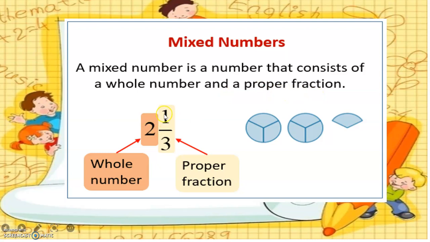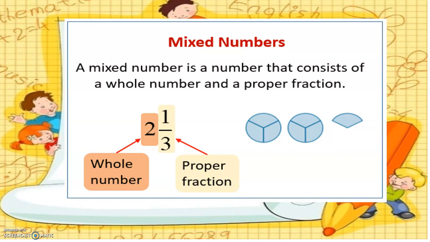So 2 and 1/3. 2 is the whole number, 1/3 is the proper fraction. That is a mixed number. So those are the 3 types of fractions.